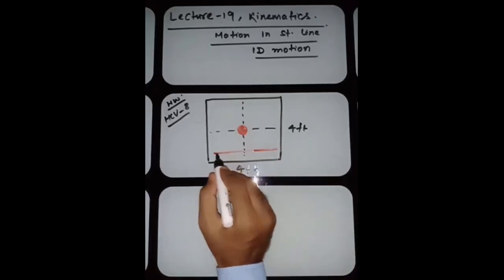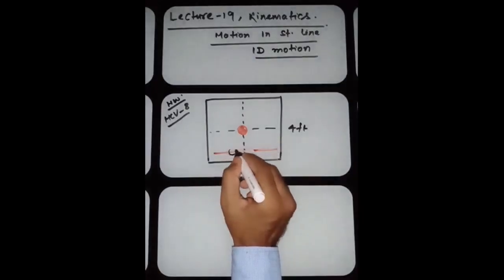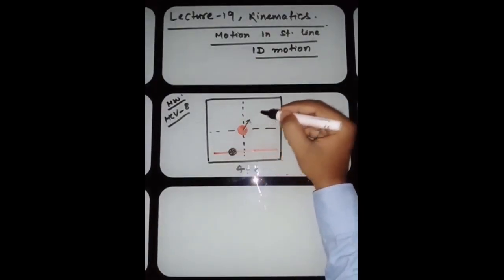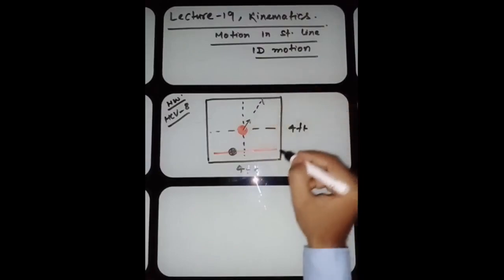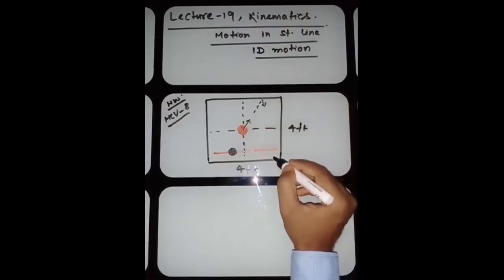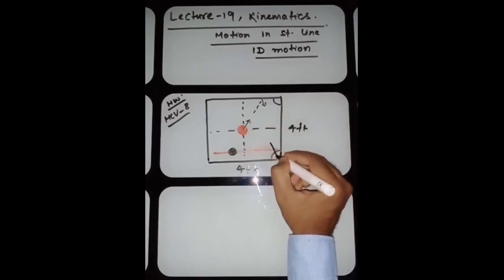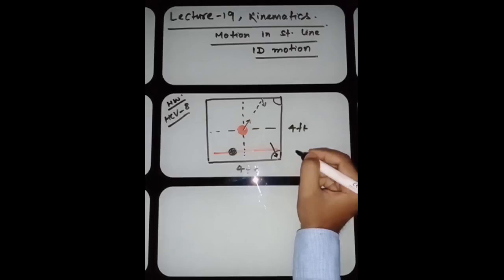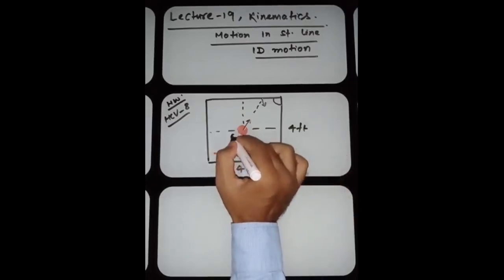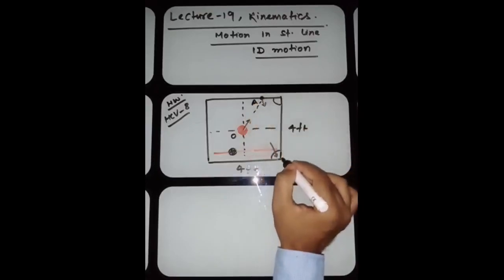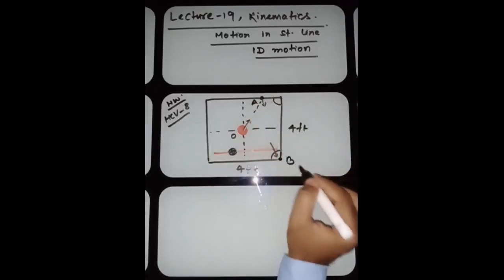This is the striker bar. We place a striker here and strike the queen so that this queen moves and rebounds, and goes to the goal post. It goes into the goal post. All right, let me write here the point O. This is the point A and this goal post is the point B.